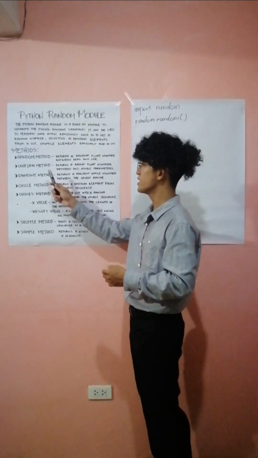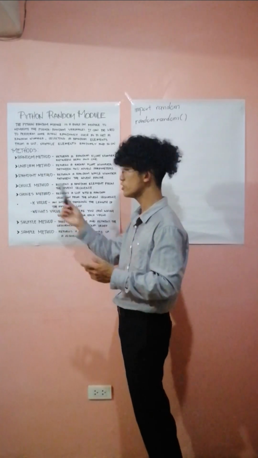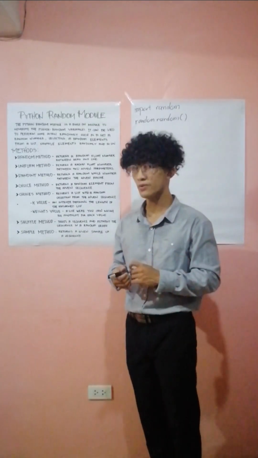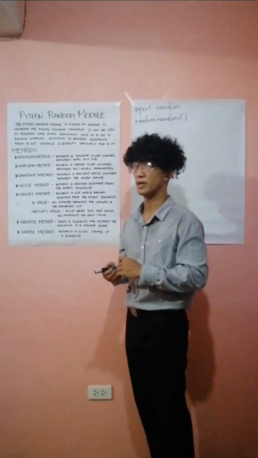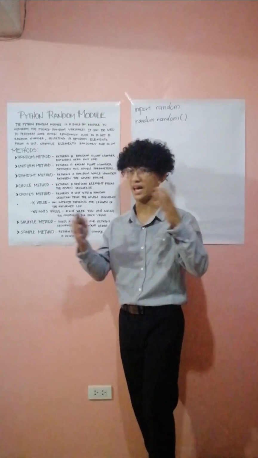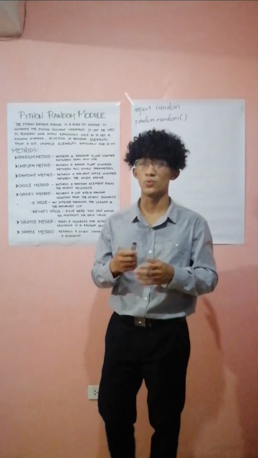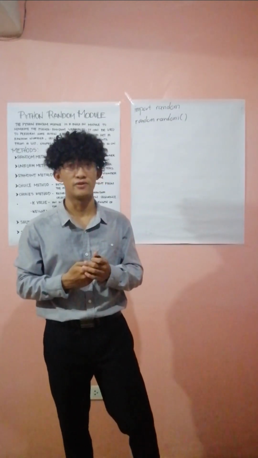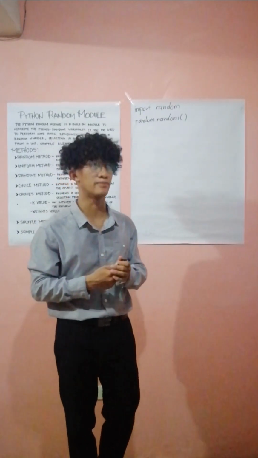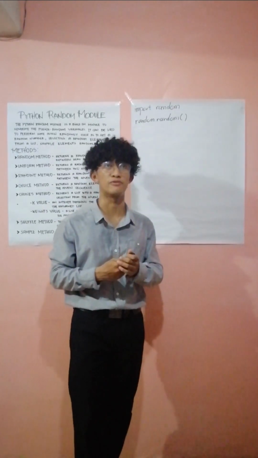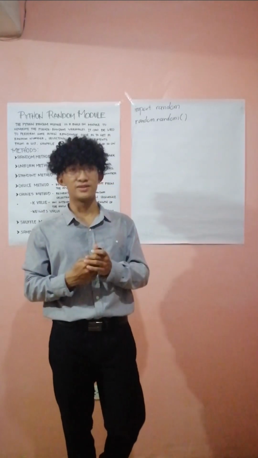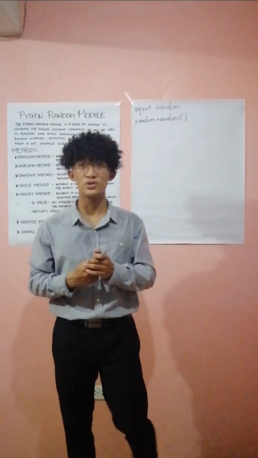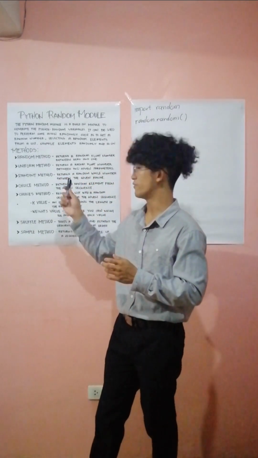But the difference between uniform and random is that in uniform we will declare and give the parameter or the range of numbers from which we want to get a random float number. For example, I want to get a float number from 1 to 5. So I will use the uniform method.